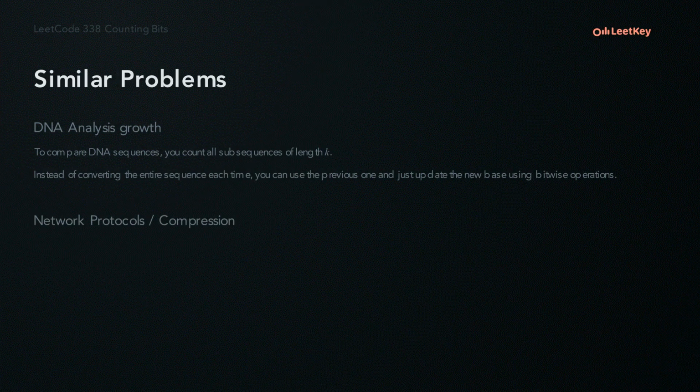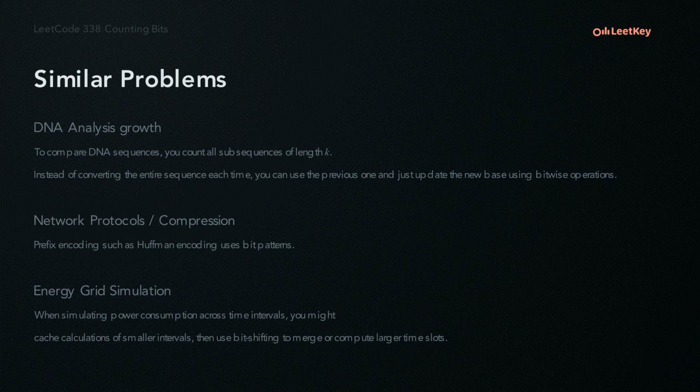Network protocols or compression, for example, prefix encodings such as Huffman encoding, use bit patterns. Or energy grid simulation, for example, when simulating power consumption across time intervals, you might cache calculations of similar intervals, then use bit shifting to merge or compute larger time slots.